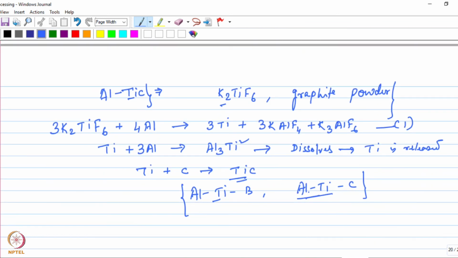But the difference between the master alloys and the composite would be, in the composite, you need only the reinforcement particles in the form of either TiC or TiB2, whereas in the case of the master alloys, you can also have the presence of the Al3Ti phase, and we have seen that that is the phase which is actually responsible for the grain refinement. But the processing is the same.